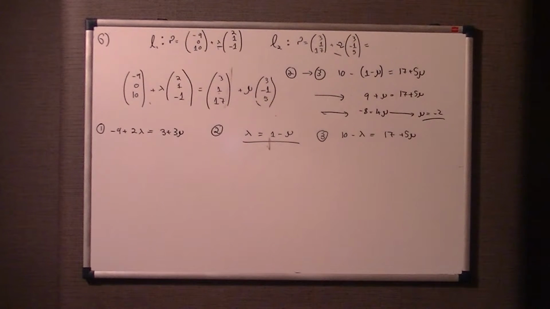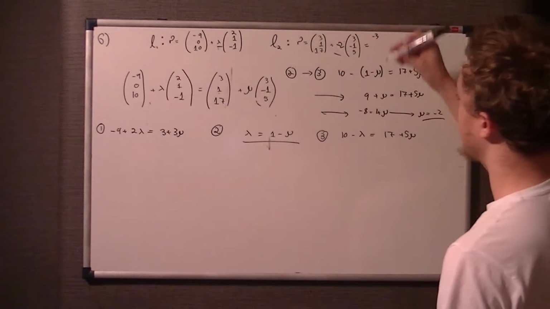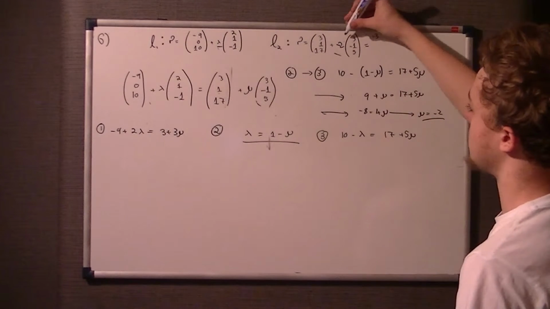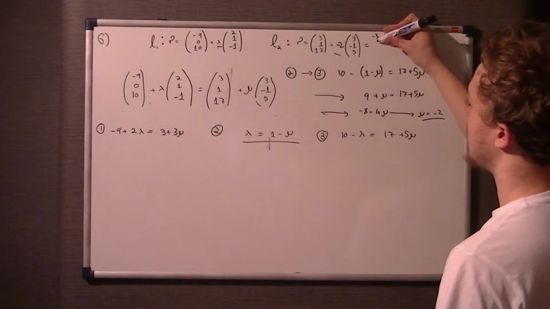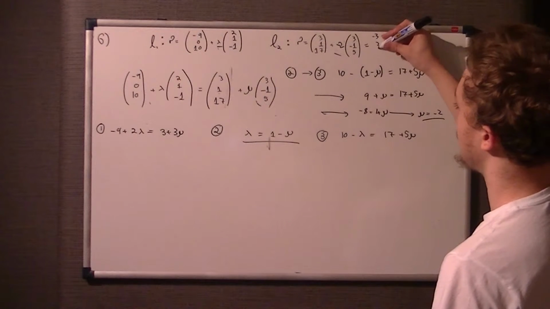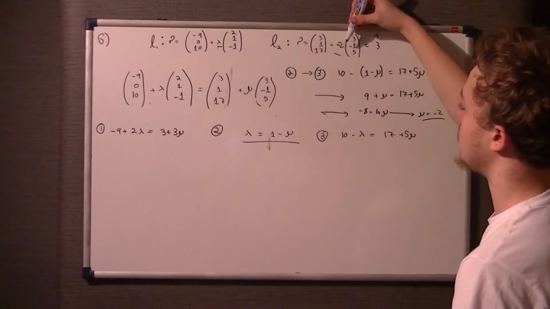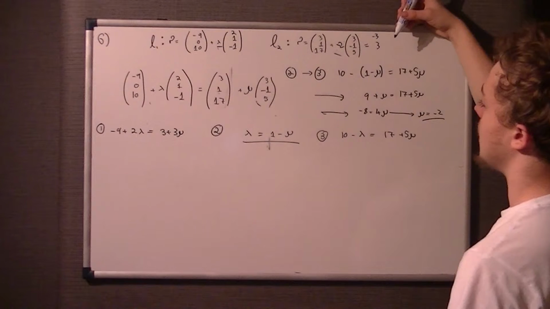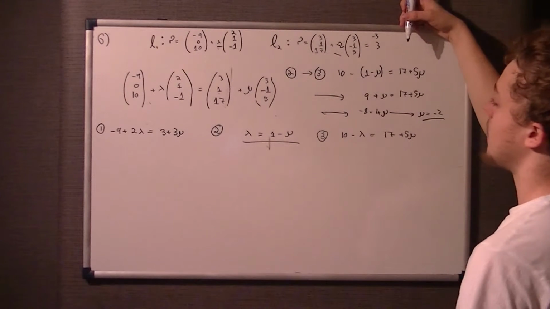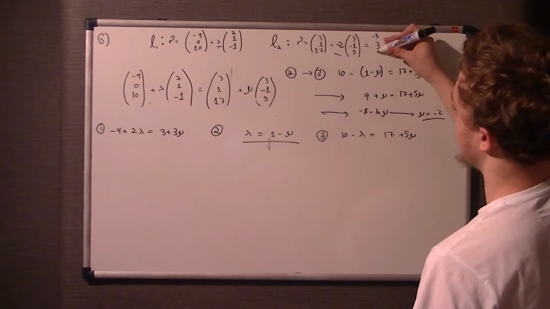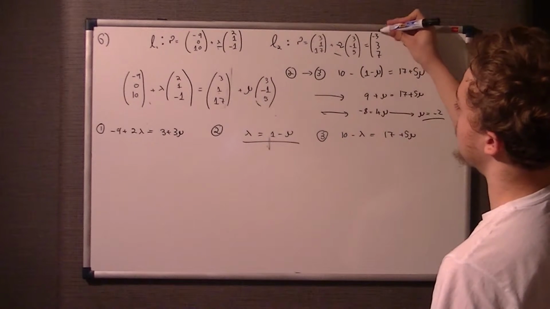Okay, that obviously gets you minus 3. Okay, and then 1 plus minus 2 times minus 1 is obviously 1 plus 2, which is obviously 3. And then 17 plus 2 times minus 2 times 5, sorry, that is 17 take 10, so that's obviously 7. Okay, so it's minus 3, 3, 7.